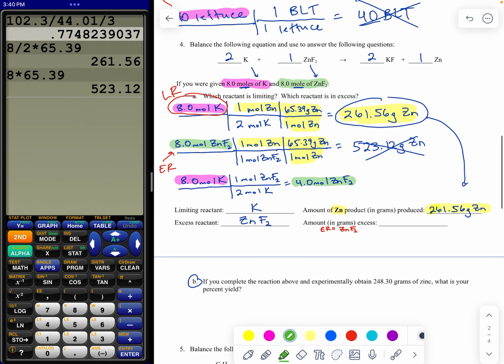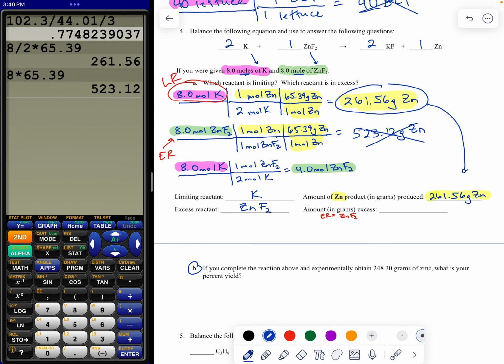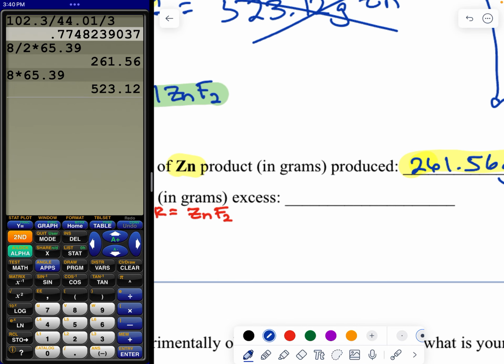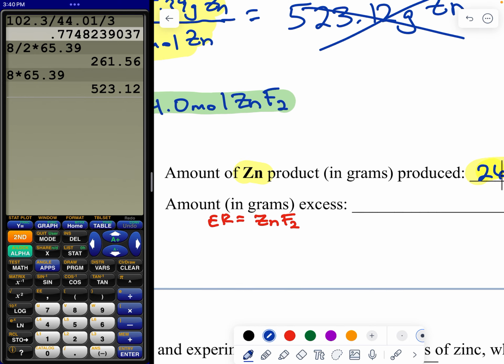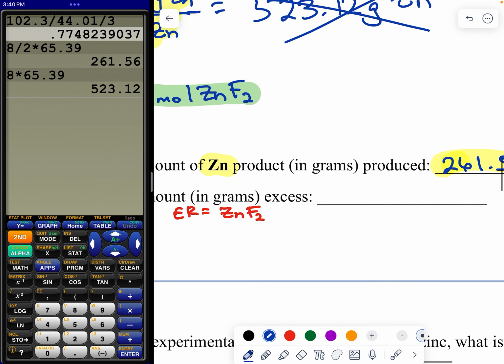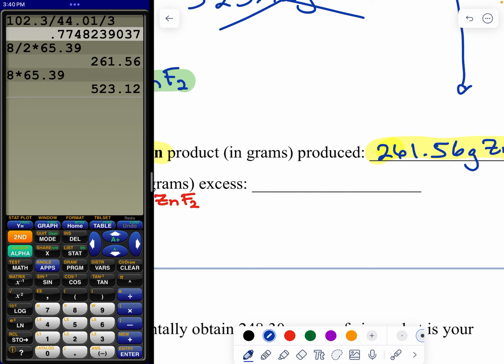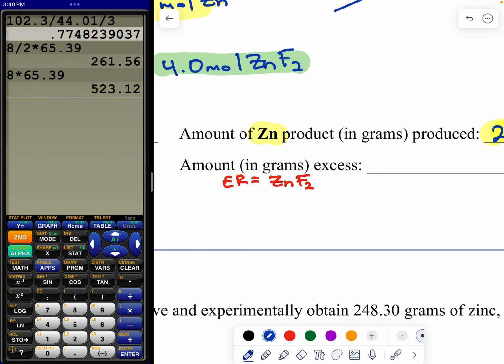And the cool part about this is that when we go down here, how many grams are in excess? Well, I know how many moles, and I can do one more conversion from moles to grams. So we started with, let's do it down here, 8 moles. This is what we started with in excess.